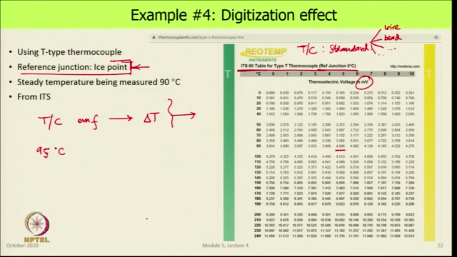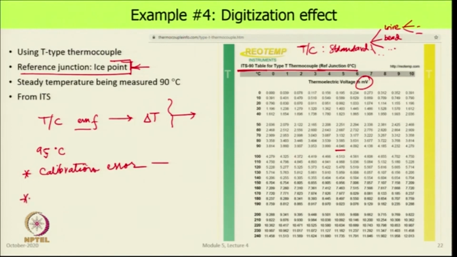So, if you make the bead yourself with wire which is not exactly the top grade wire, but medium or a lower grade wire, which is what we normally end up using, then we make a thermocouple and measure the EMF and use this table, then we will be off. So, that introduces a systematic error called the calibration error. And this will result in its own elemental systematic standard uncertainty.